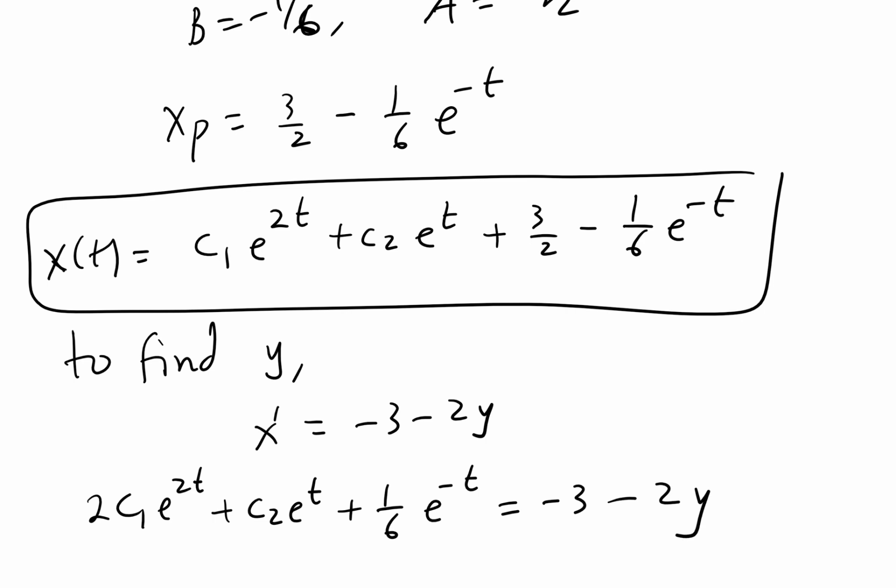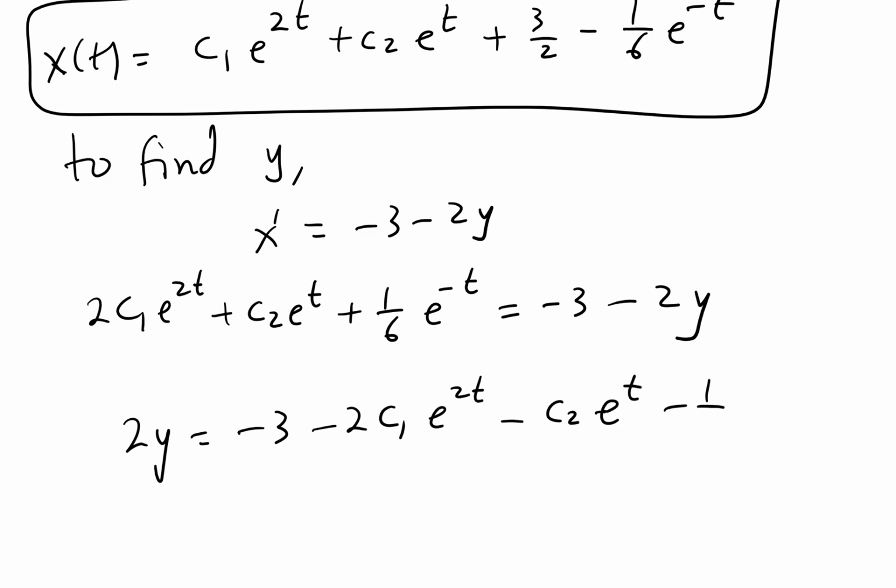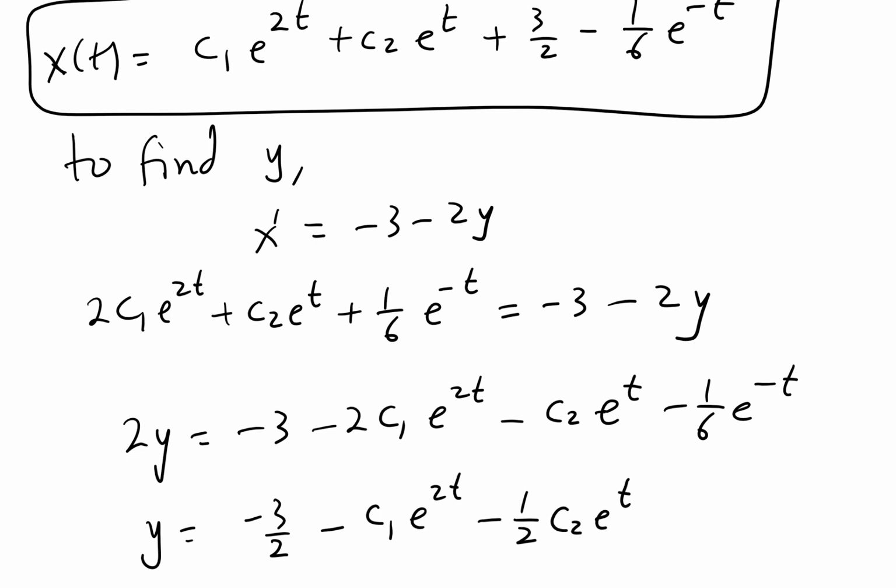And then all I had to do is solve for y. So 2y to this side, negative 3, and the other stuff to the other side, c1 e to the 2t minus c2 e to the t minus 1/6 e to the negative t. Divide everything by 2, you get negative 3 halves minus c1 e to the 2t minus 1/2 c2 e to the t minus 1 over 12 e to the negative t.